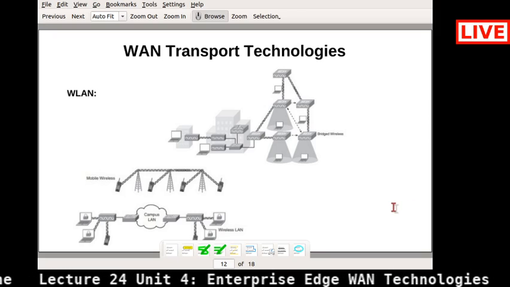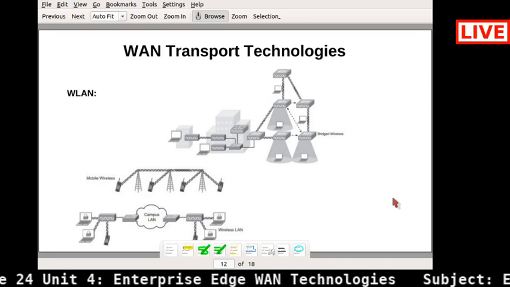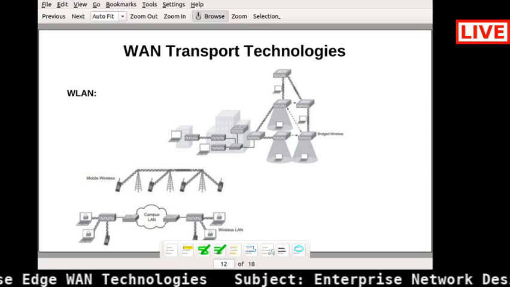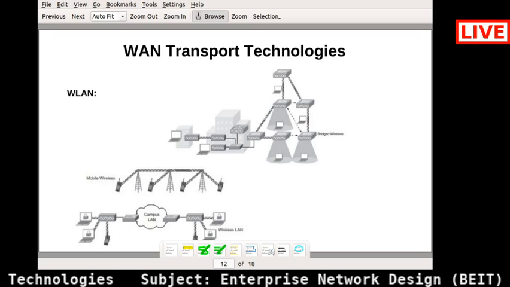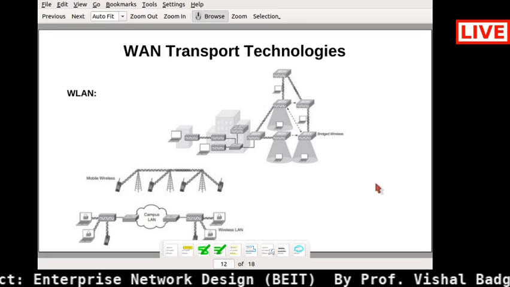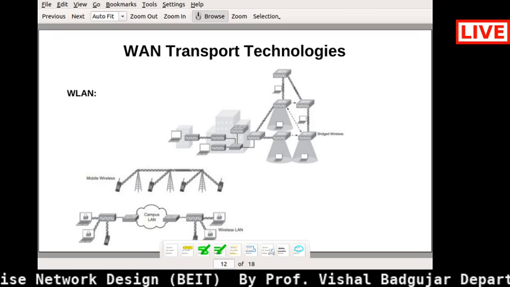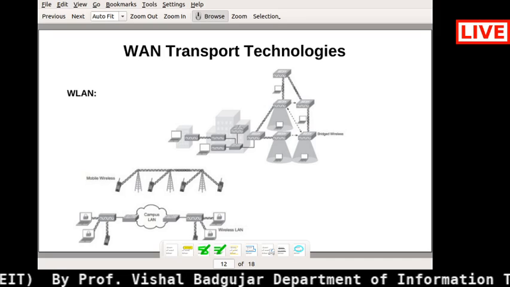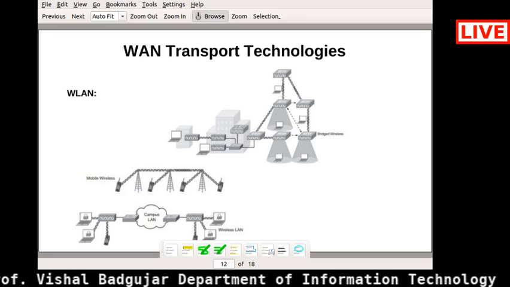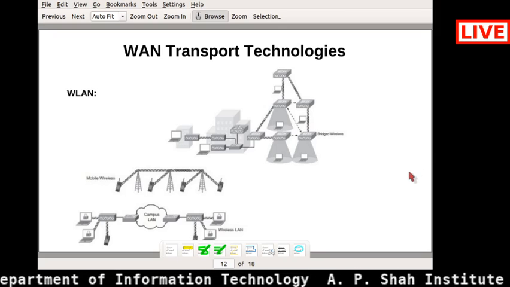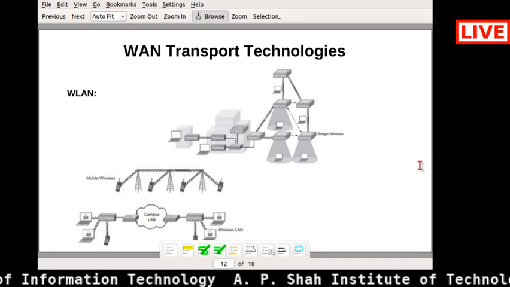If it is the 802.11b standard, it will be used for 11 mbps in the 2.4 gigahertz band. And if you use the 802.11g standard, it will give you 54 mbps in the 2.4 gigahertz band. So this particular WLAN technology will replace all these traditional wired networks, whichever we are going to use.